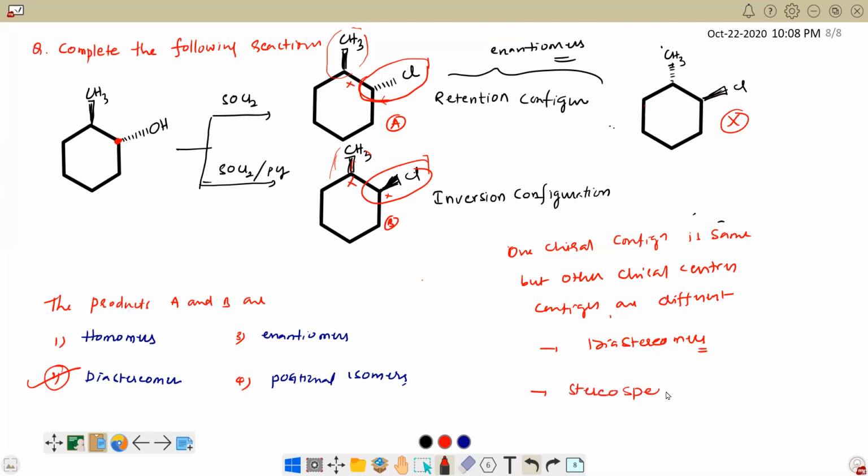Stereospecific means that out of two possibilities, we are expecting enantiomers, but only one product, retention, is formed. One is predominant, that is specific, right? So this is about Darzens' method.